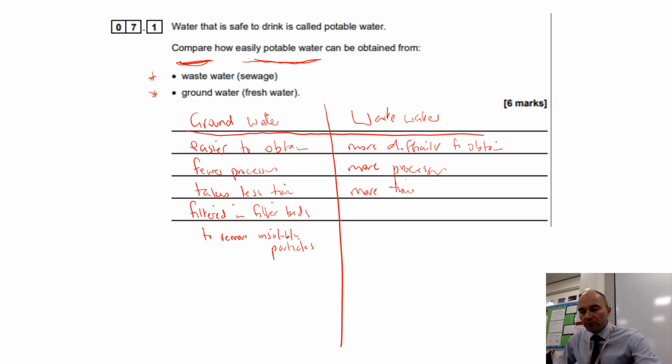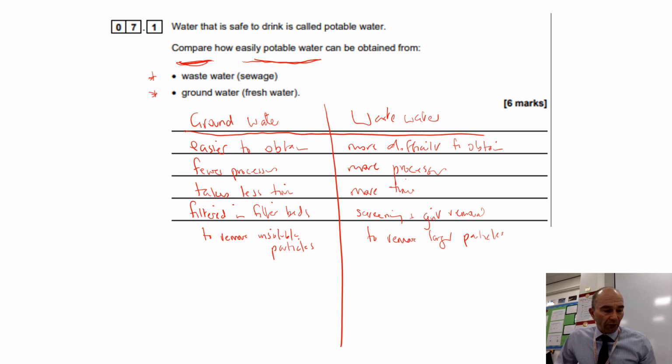Now, with wastewater, because the water is just generally dirtier, the screening and grit removal. So we're taking some of the bigger chunks out here, and that removes the larger particles. You really don't want lumpy drinking water.